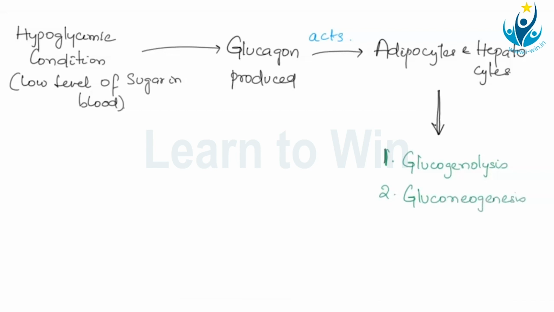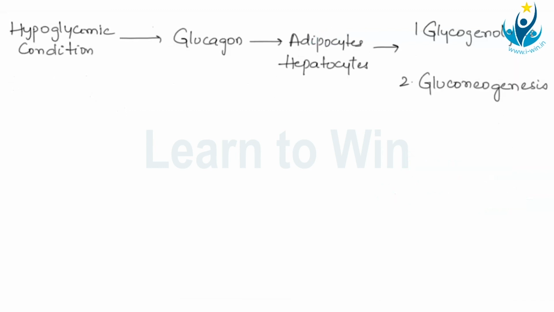Okay, I'll just write everything in a more concise space because this is taking too much space. So it acts, and it starts a process called glycogenolysis and gluconeogenesis. Now, what is glycogenolysis?